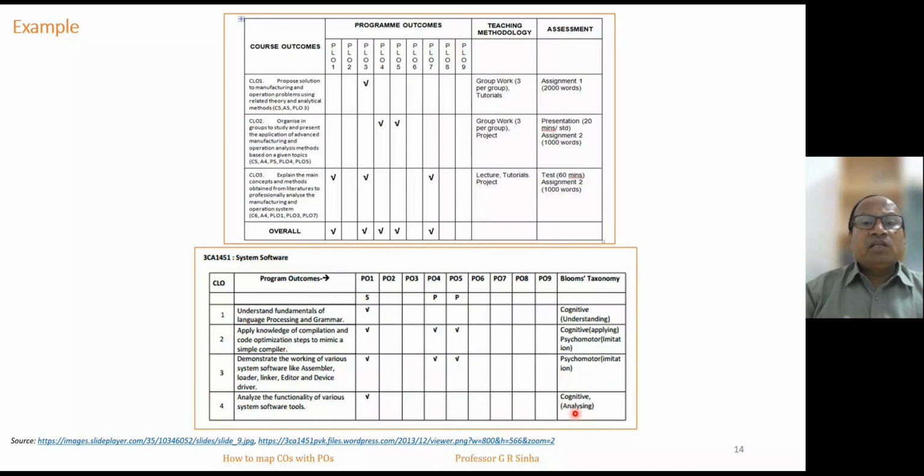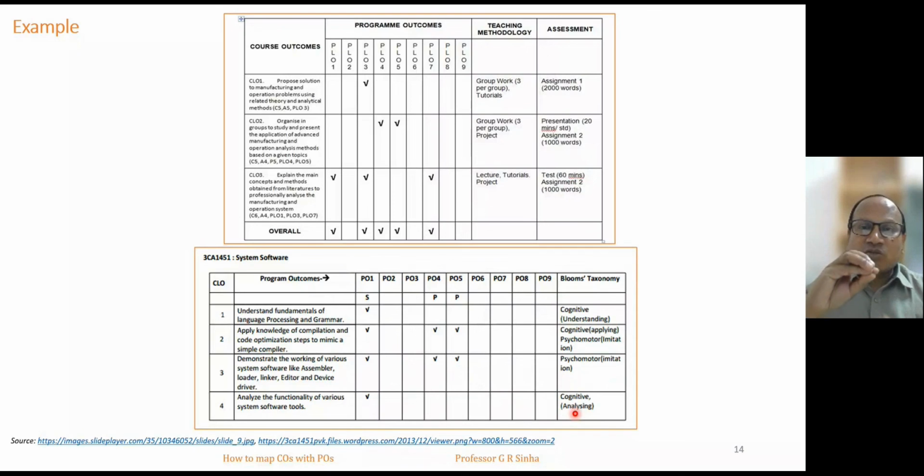So to sum up, the mapping between program outcome and course outcome is very, very important, where you have to evaluate the performance of the course. You have to assess the attainment of the course using a number of assessment tools. And then finally, the course outcomes need to be mapped with the program outcomes. Which are the program outcomes relevant to the course outcomes? How much mapping is there? To what level has the course outcome been achieved and mapped?